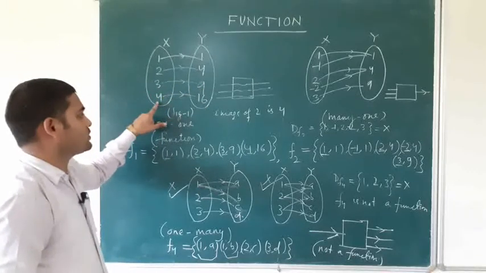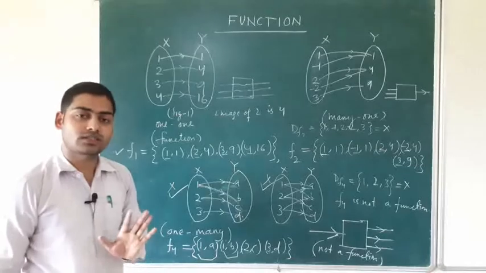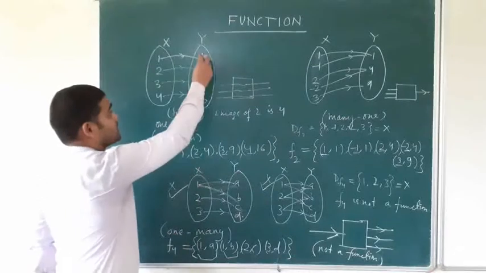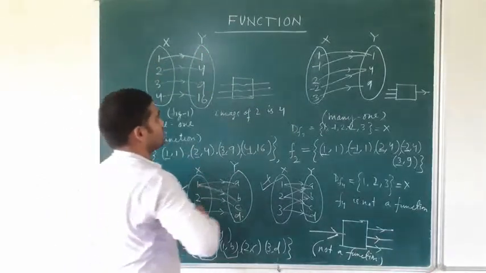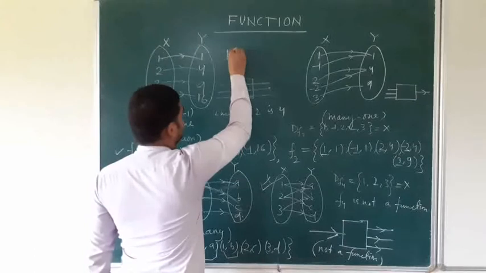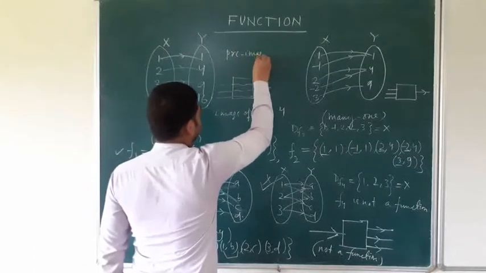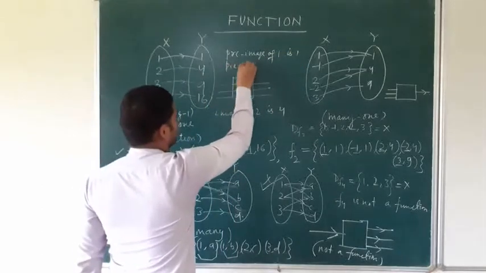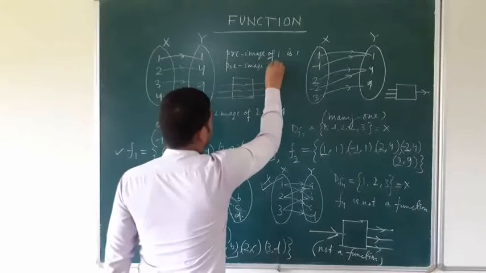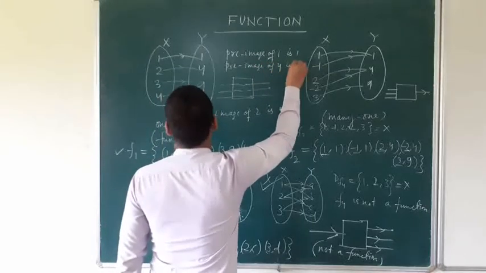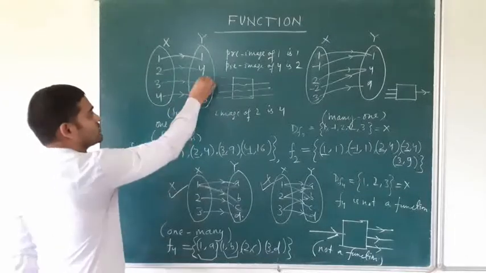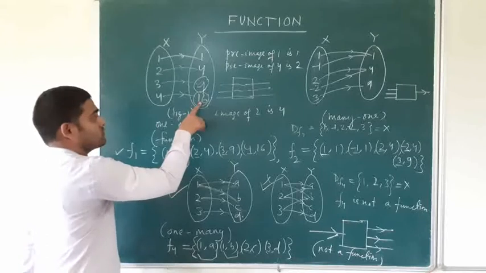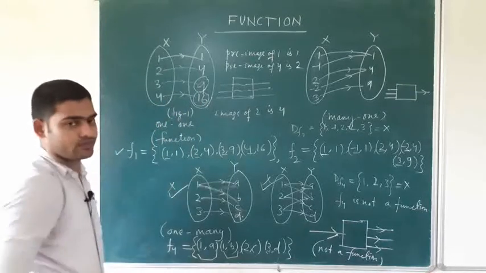Image of 4 is 16, we say. In other words, you can say the pre-image of 1 is 1, pre-image of 4 is 2, pre-image of 9 is 3, pre-image of 16 is 4.